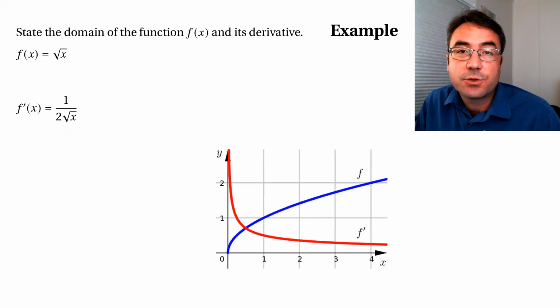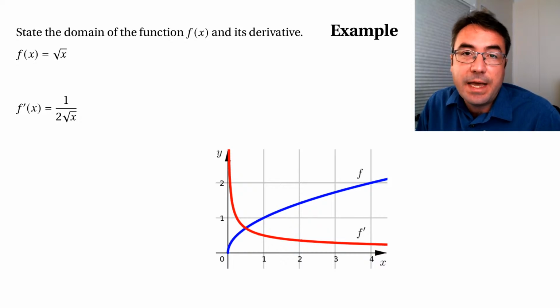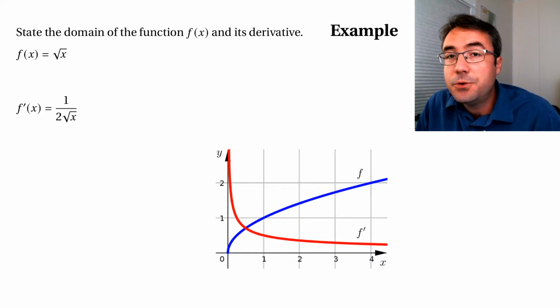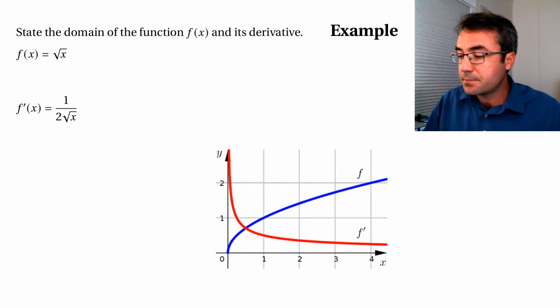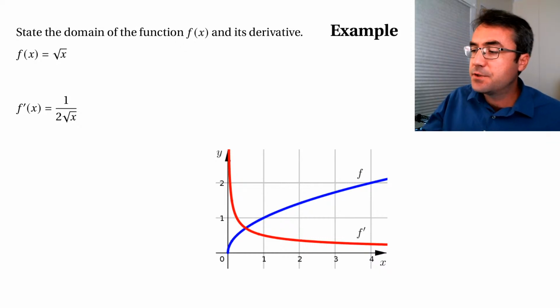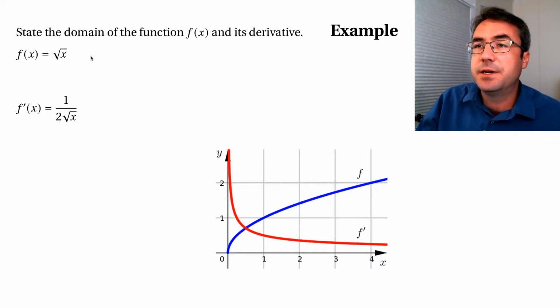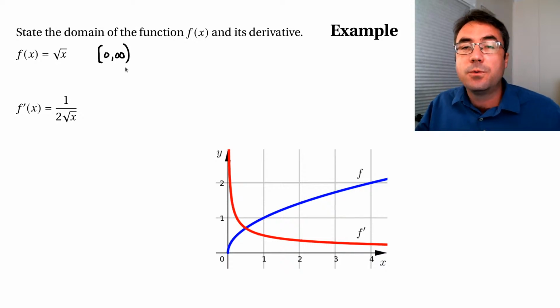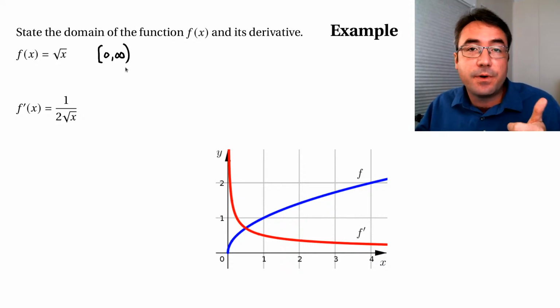So we're going to look at the square root of x. And we calculated this derivative before. So we saw that the derivative of square root x was 1 over 2 times square root x. And the domain of the square root function, this is one we've talked about, is the closed interval from 0 to infinity. So we can plug 0 into the square root function, that's fine.